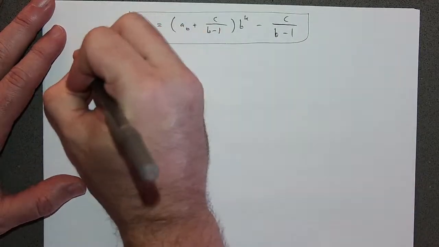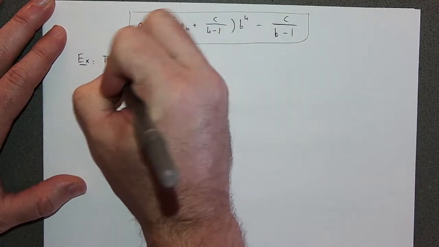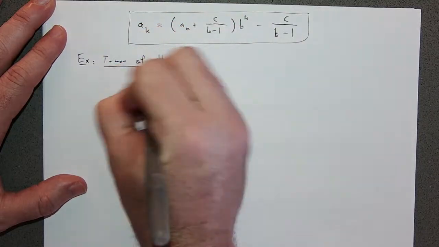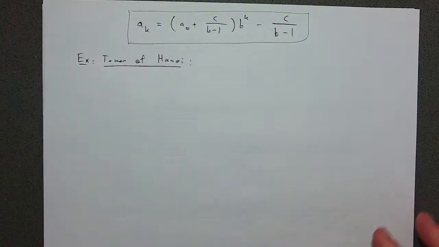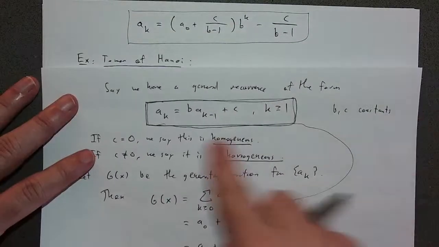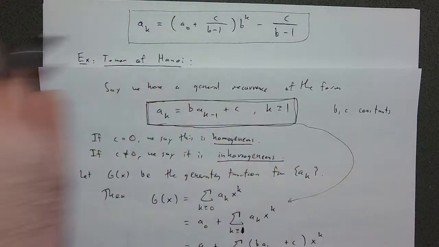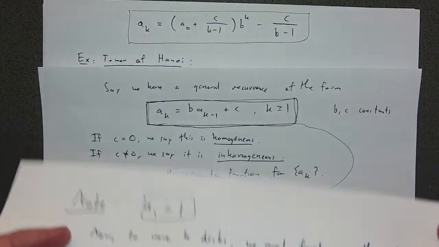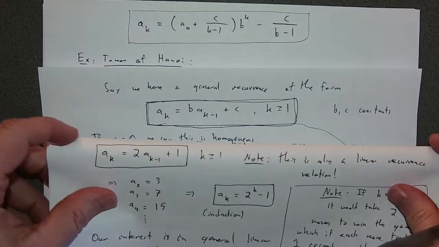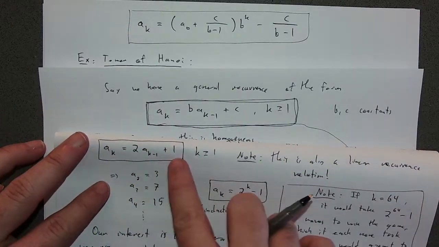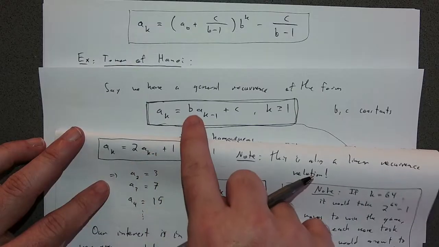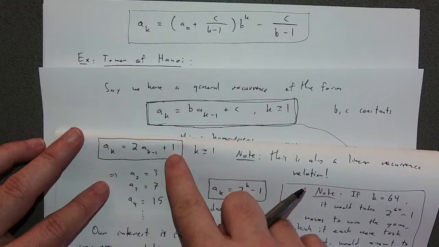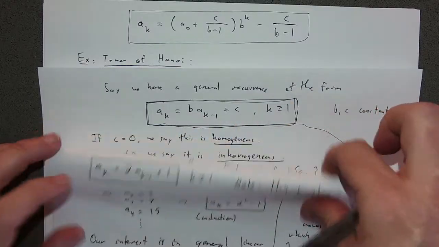Okay, so Tower of Hanoi. Our relationship was this, but we saw for the Tower of Hanoi, this relationship was the following. So b is 2 and c is 1 in this example.